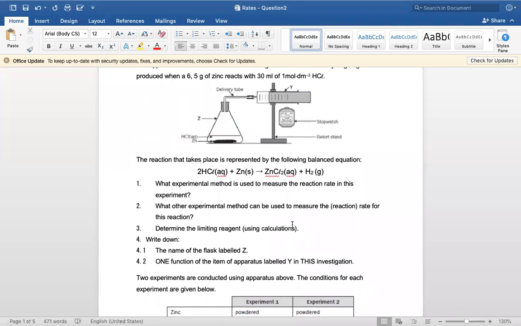You keep the mass of the zinc that you put in the flask the same. You keep the concentration of hydrochloric acid the same. Those two seem to be the best control variables. You'll maybe keep the temperature the same.